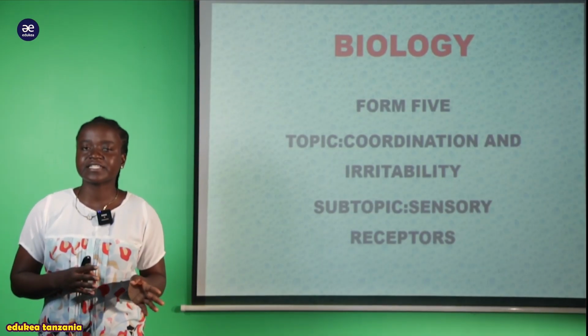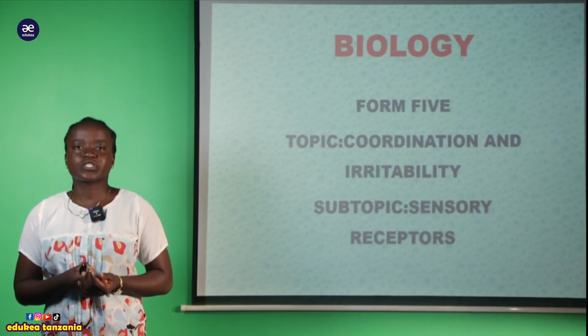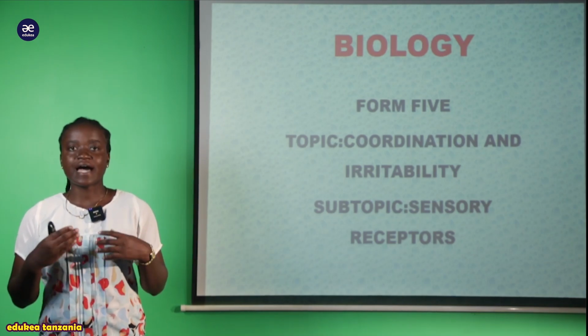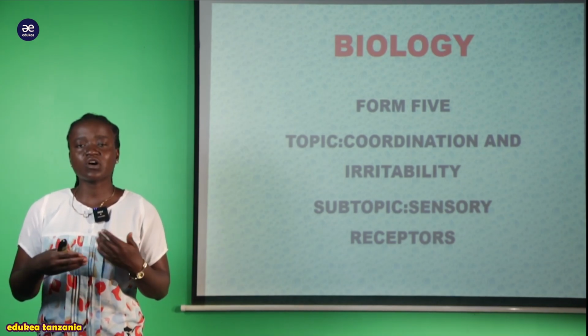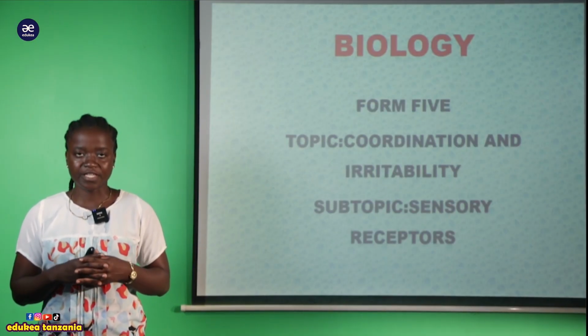We have already covered it, and in the last session we also looked at eye accommodation, the ability of the eye to accommodate different kinds of objects so that they can be viewed on the retina.